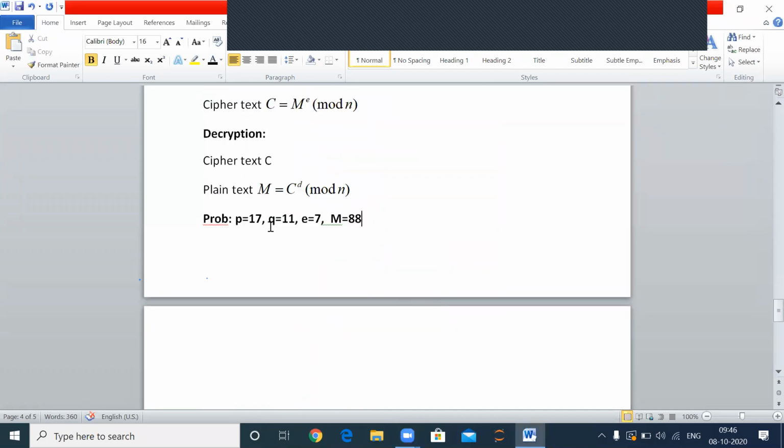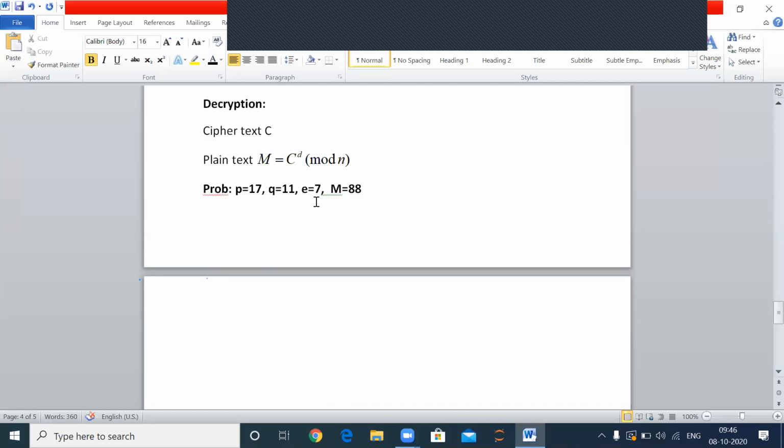Now, I'll give the clue how to perform the encryption and decryption. Right? The first step, you know what is given, that we have to write down. Given P is equal to 17 and Q is equal to 11.